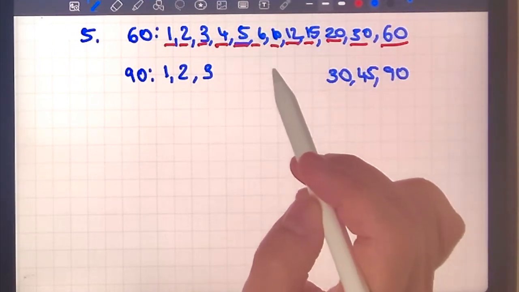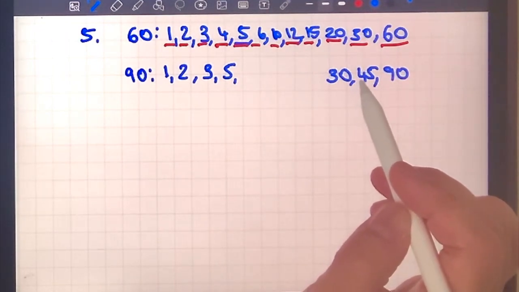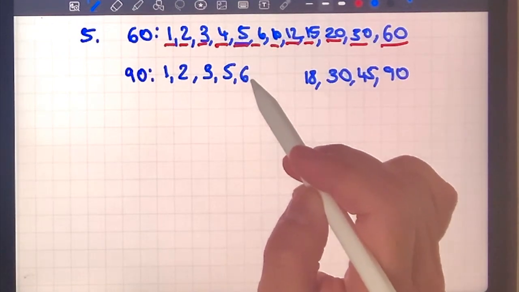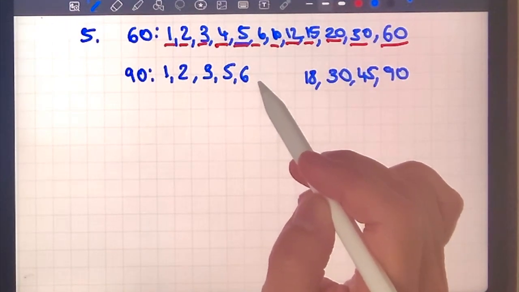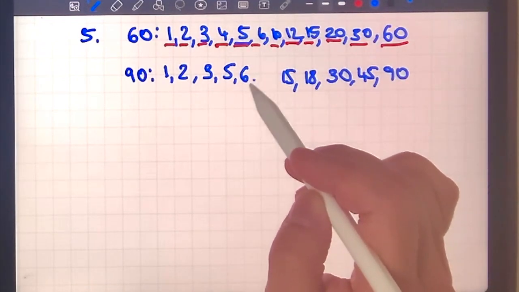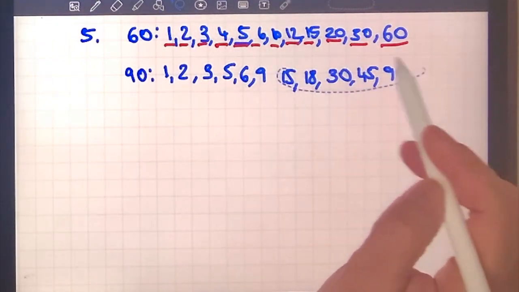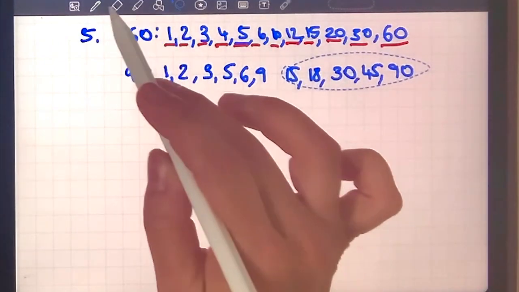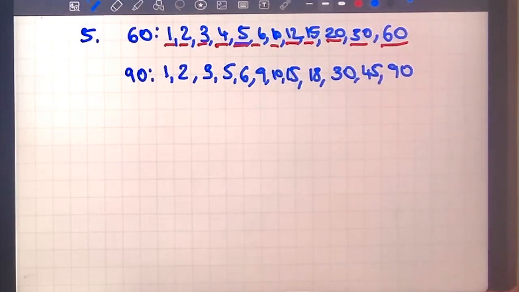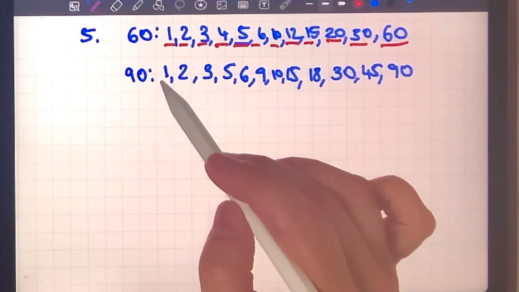My next factor is 5, which goes into 90 18 times. Then I have 6, which goes into 90 15 times. And I have 9. I'm going to have to create a bit more room. And 9 goes into 90 10 times.